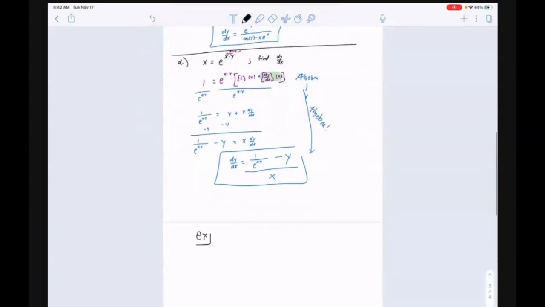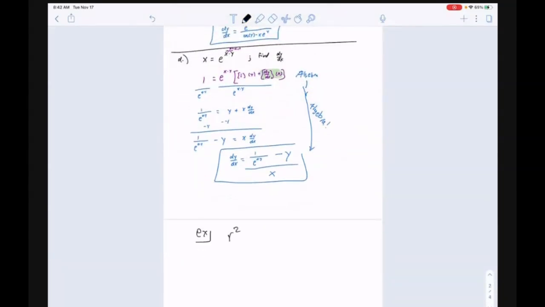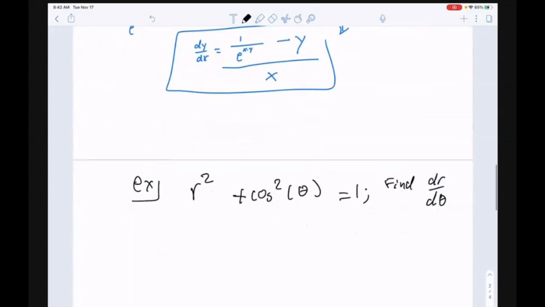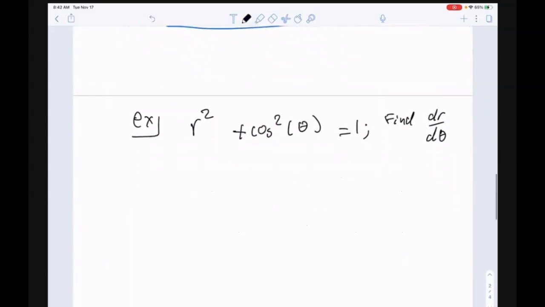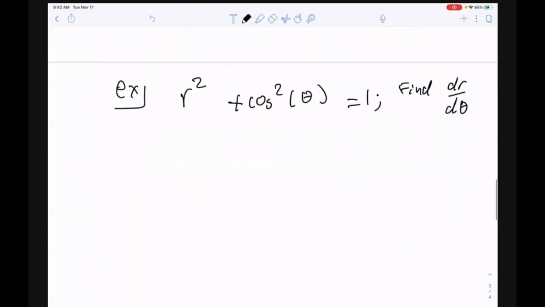New example. r squared plus cosine squared of theta equals 1. Find dr/d theta. All right, new variables. That's all it is. We already had this as our own homework assignment.